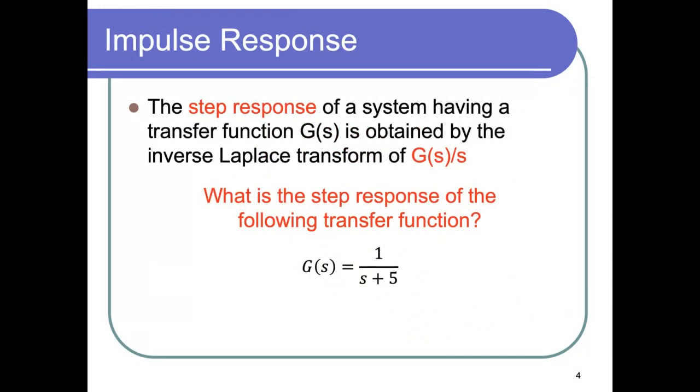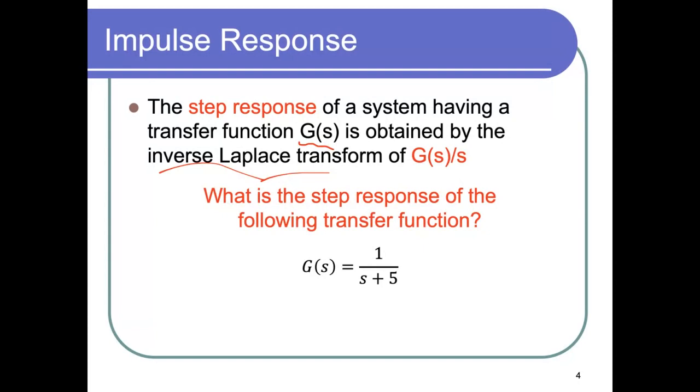For example, the step response of a system having a transfer function G(s) is obtained by the inverse Laplace transform of G(s) multiplied by 1 over s. Why do we do that? Because usually the input to the control loop is just a number in the time domain, but in the frequency domain, it is 1 over s multiplied by whatever number you have.